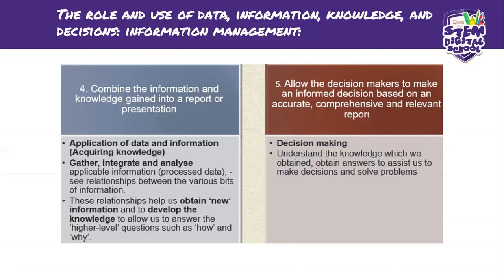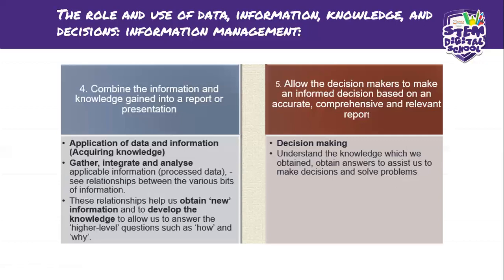All right. So, application of data and information, the acquiring of knowledge. Gather, integrate, and analyze applicable information, process data, see relationships between various bits of information. These relationships help us obtain new information and develop the knowledge to allow us to answer high-level questions such as how and why.